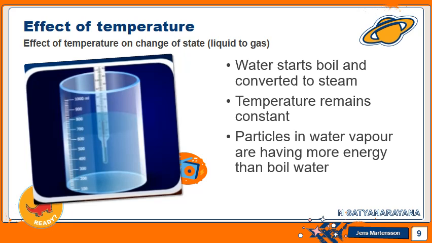Why? Because you are supplying heat energy, but the temperature is not changing. What will happen to that heat energy which you are supplying? It will be utilized by the water to convert from water into water vapor. The molecules will get free and escape from the surface. If you observe, the temperature remains constant.